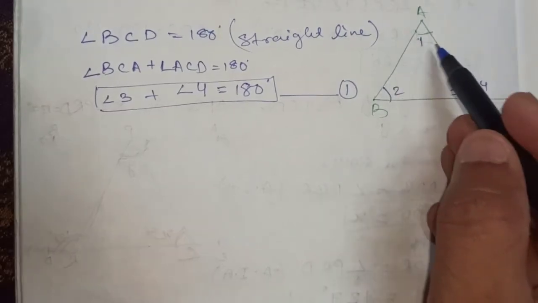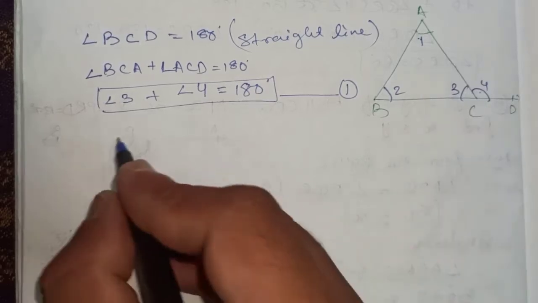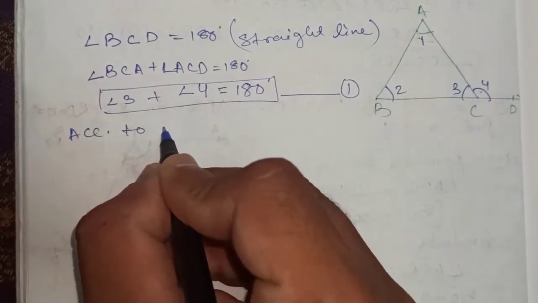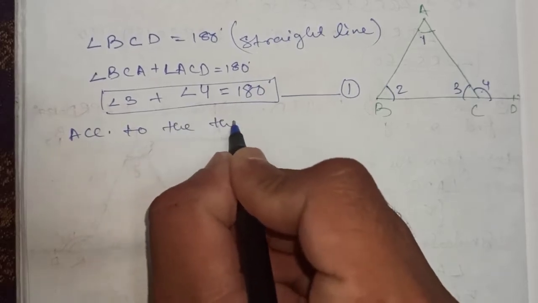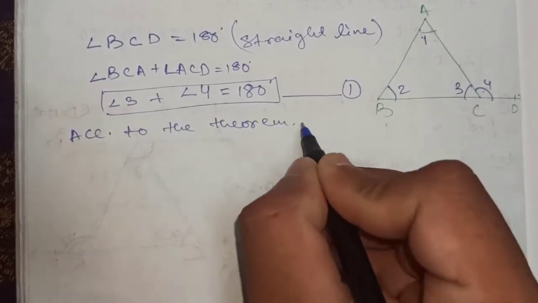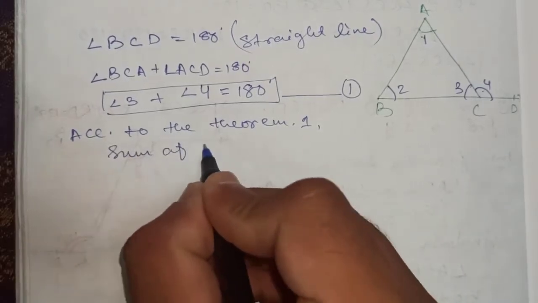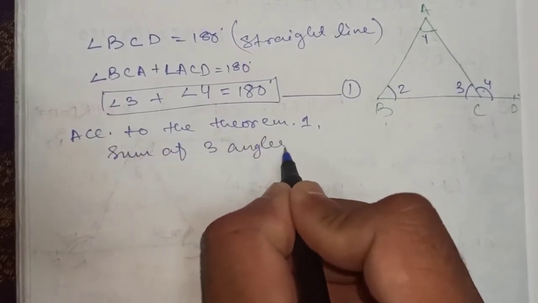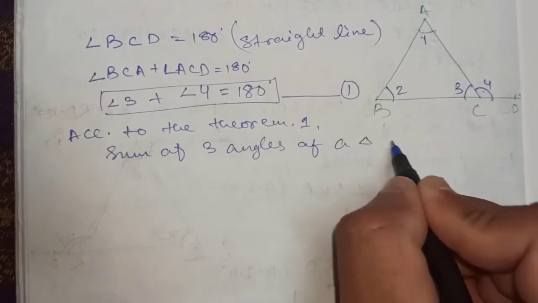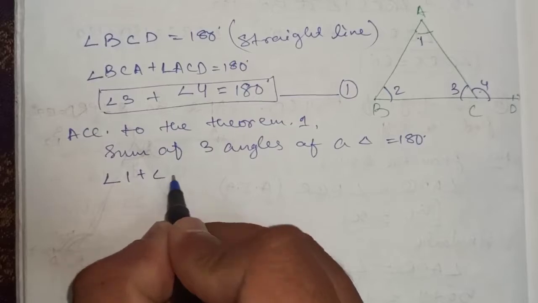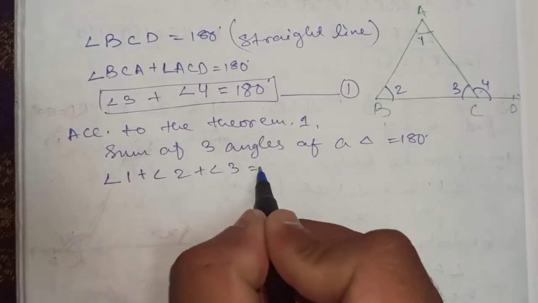The sum of three angles of a triangle is how much? 180 degrees. So I am going to write here, according to theorem 1, the sum of three angles of a triangle is 180 degrees. That is angle 1 plus angle 2 plus angle 3 equals 180 degrees.